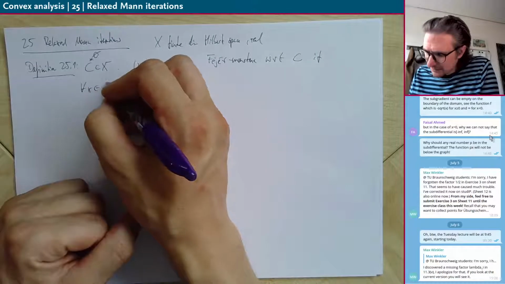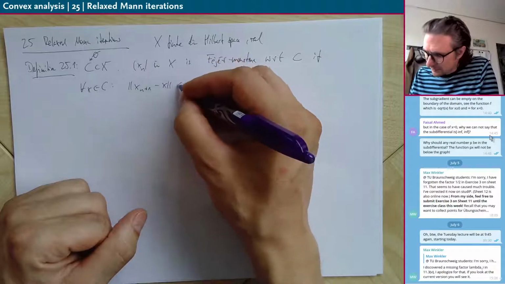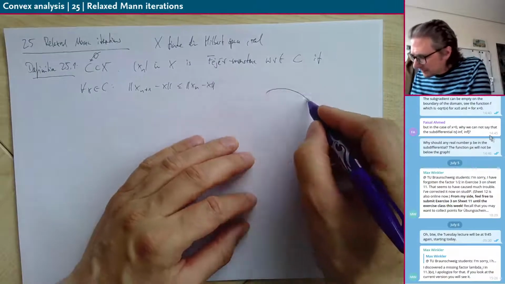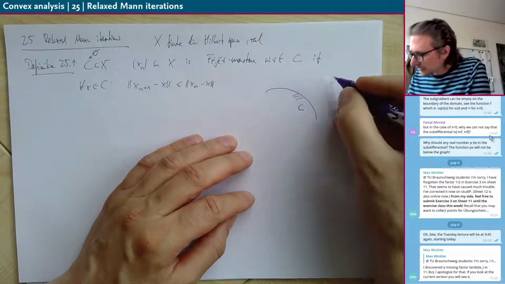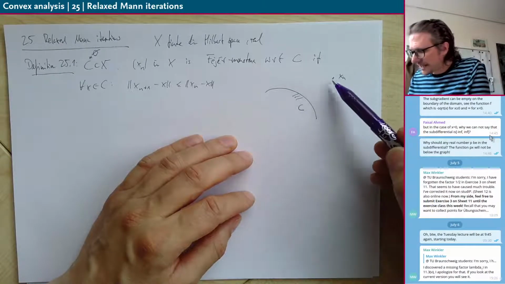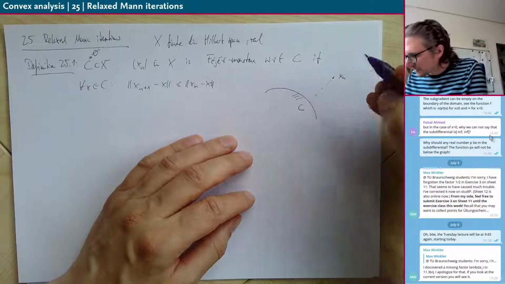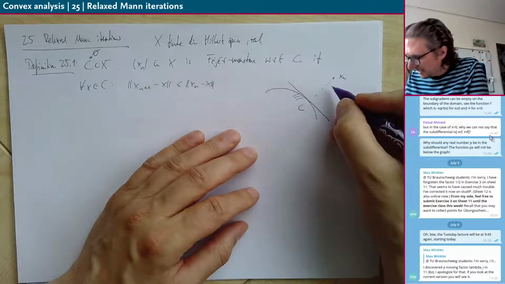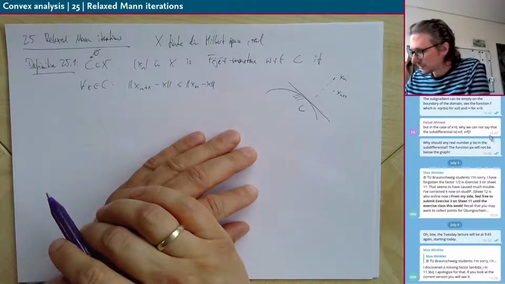For all x in C, it holds that the next element in the sequence is closer to x than the current one. So if this here is our C, and this is our x_n, then x_{n+1} should be anywhere such that it's closer to all the points in C. This can be visualized somehow: if you project x_n onto C and then draw the separating hyperplane, then everything which sits here fulfills this closeness.